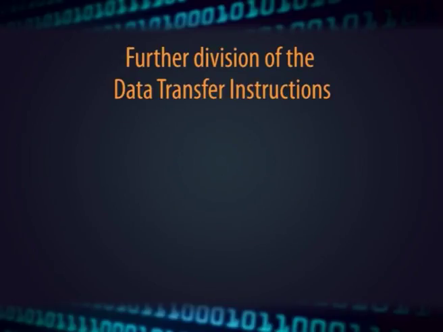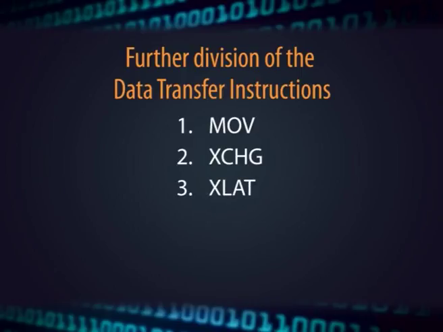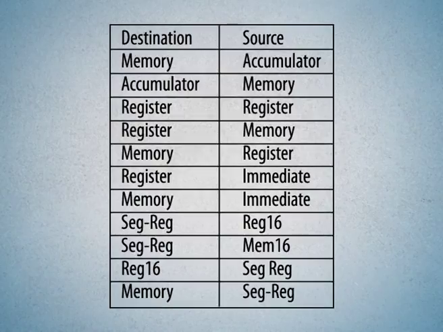This group is further divided into 6 categories: first is MOV, second is exchange, third is translate, called XLAT in short, fourth is LEA, which is load effective address, fifth is LDS, load data segment, and sixth is LES. The instruction MOV is used to transfer a byte or word between register to register, register to accumulator, or register to memory location.